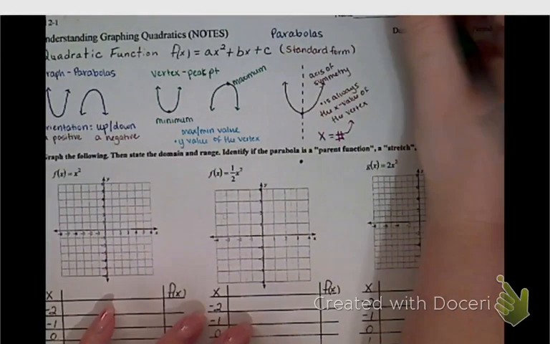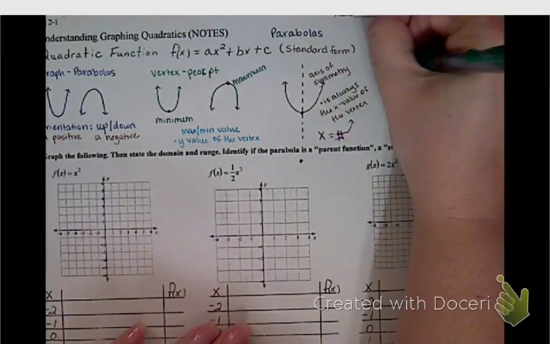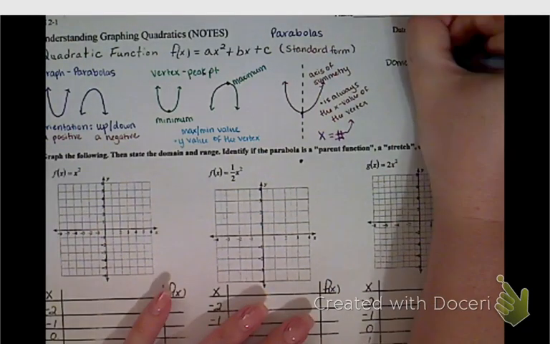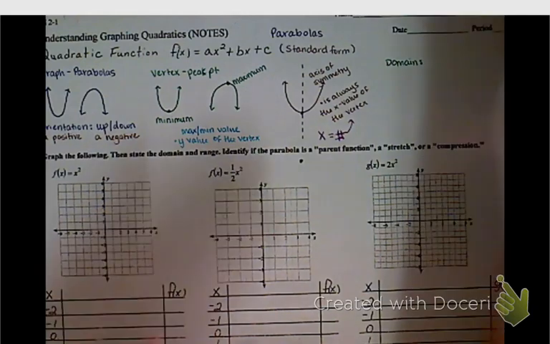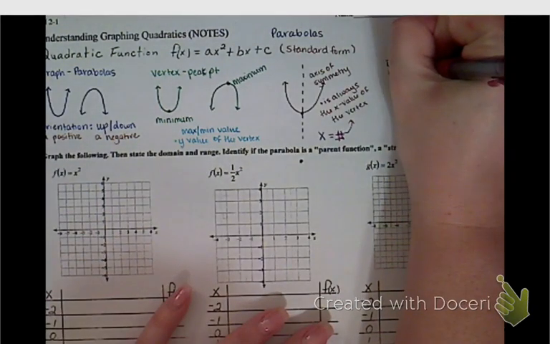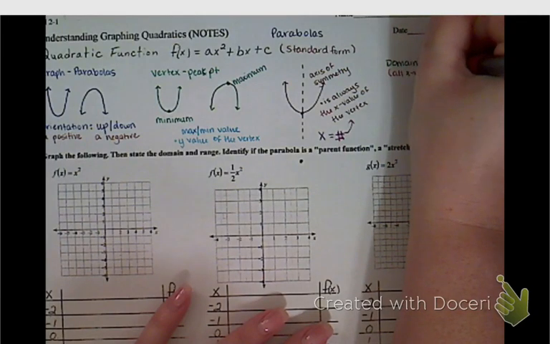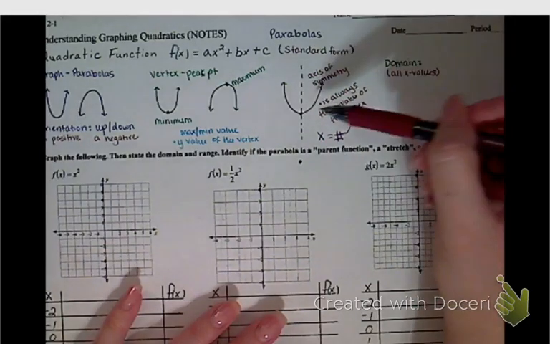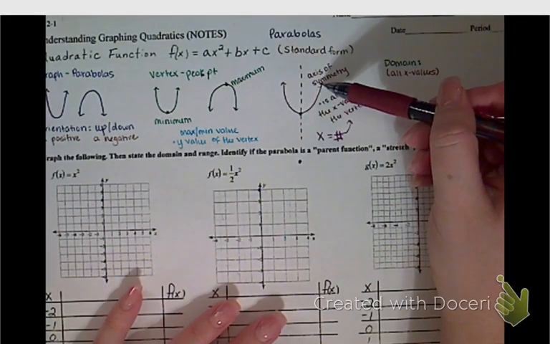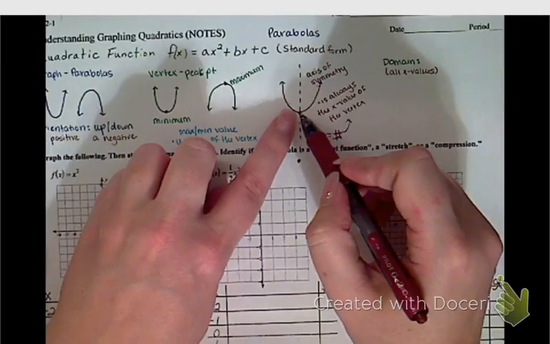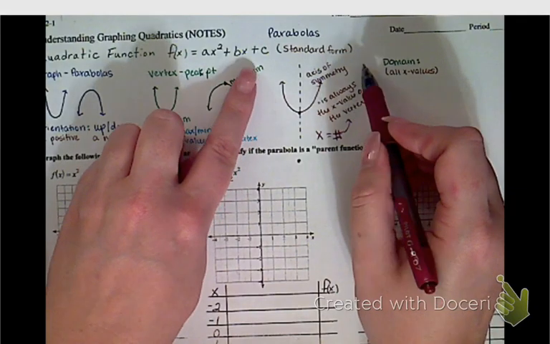Last thing I want to talk about vocab-wise for the time being is the domain and range. So just a reminder, domain is all x values. The domain's all x values. Now you'll notice that I have arrows on the ends of my parabola, and when I'm on a coordinate plane, it's going to continue forever out that direction.